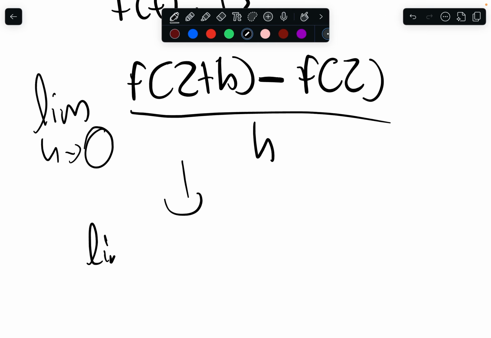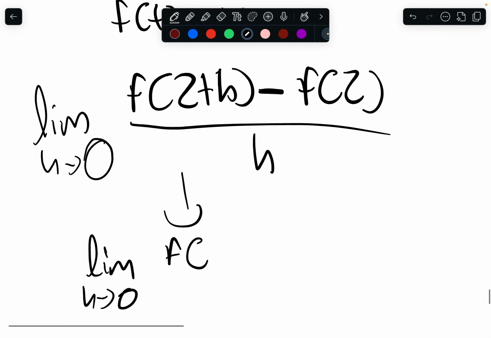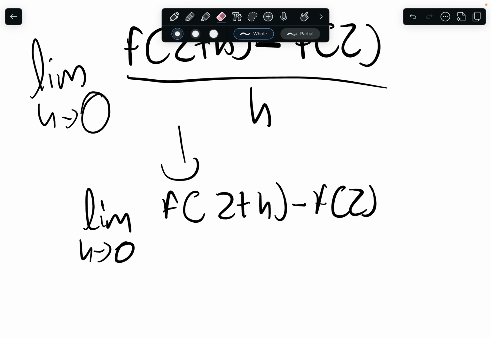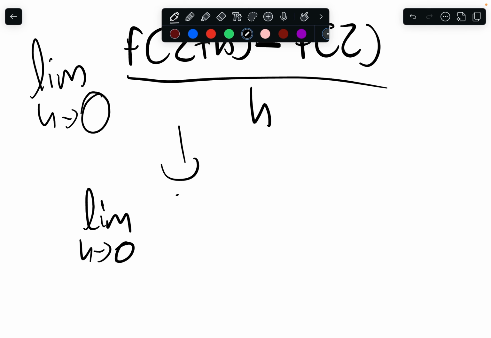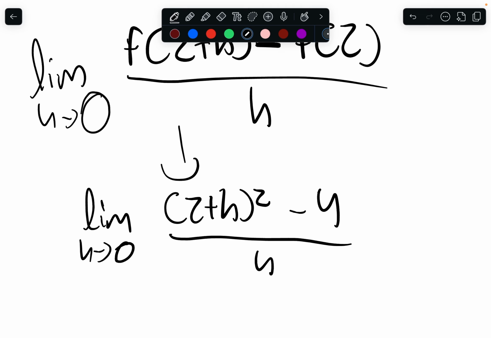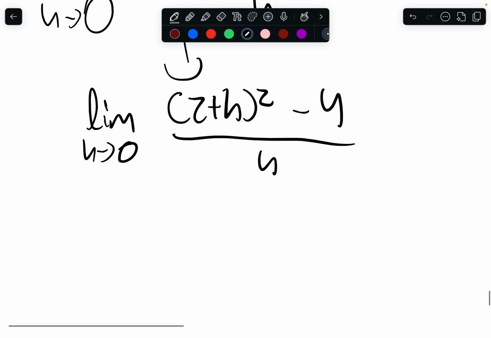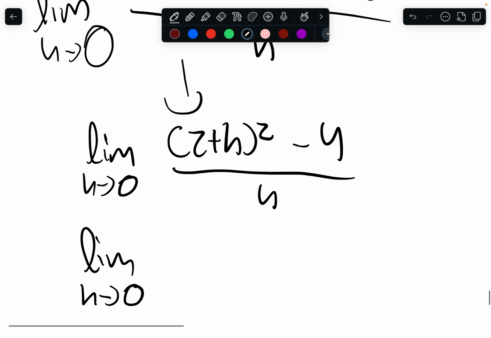The limit as h approaches 0 of f of 2 plus h minus f of 2. This is just going to become, if we plug it into our function, 2 plus h squared minus 2 squared, which is 4, all over h. Okay, now, what does this get you? How do we solve this limit?